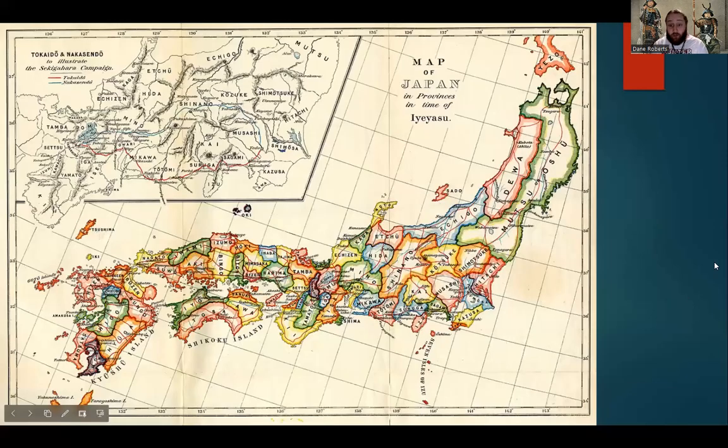And eventually, once Tokugawa Ieyasu unified all of Japan, Date Masamune and the Date clan would remain the most powerful daimyo and most powerful province, at least for a time, under the Tokugawa shogunate.